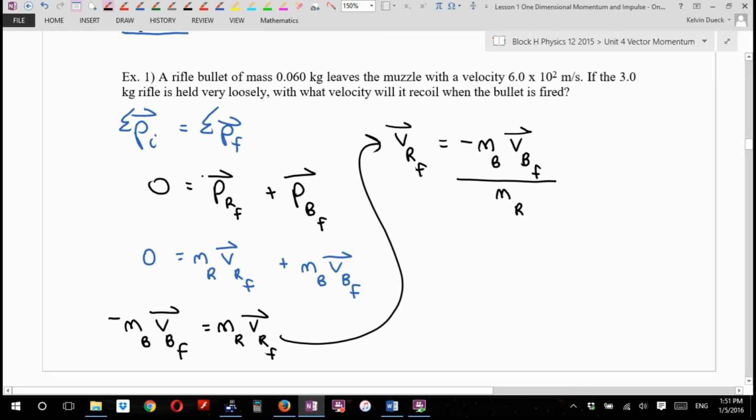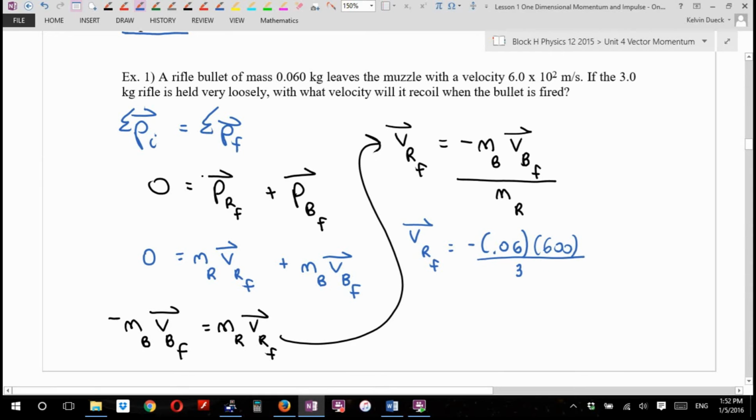And now we plug and chug. The recoil velocity of the rifle is going to be negative. Mass of the bullet, 0.06. Velocity of the bullet, 600. Divided by mass of the rifle, 3.